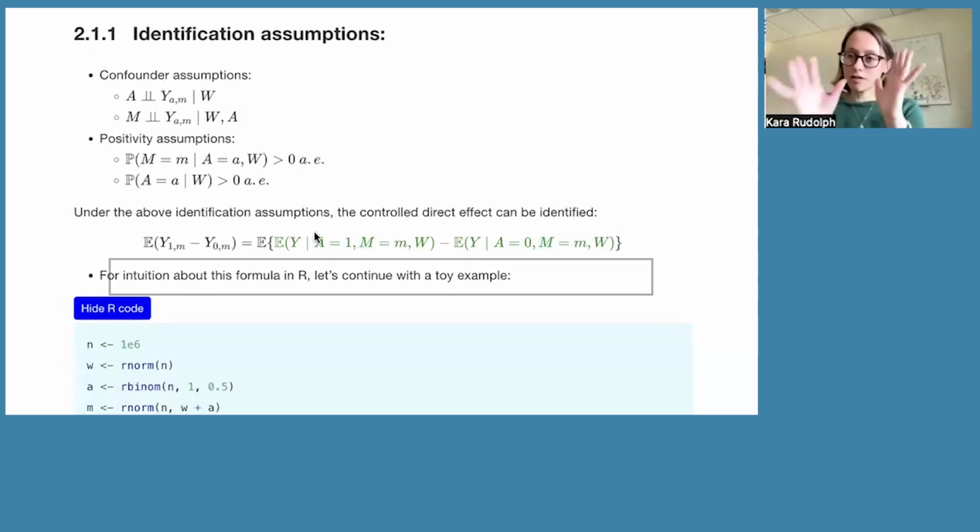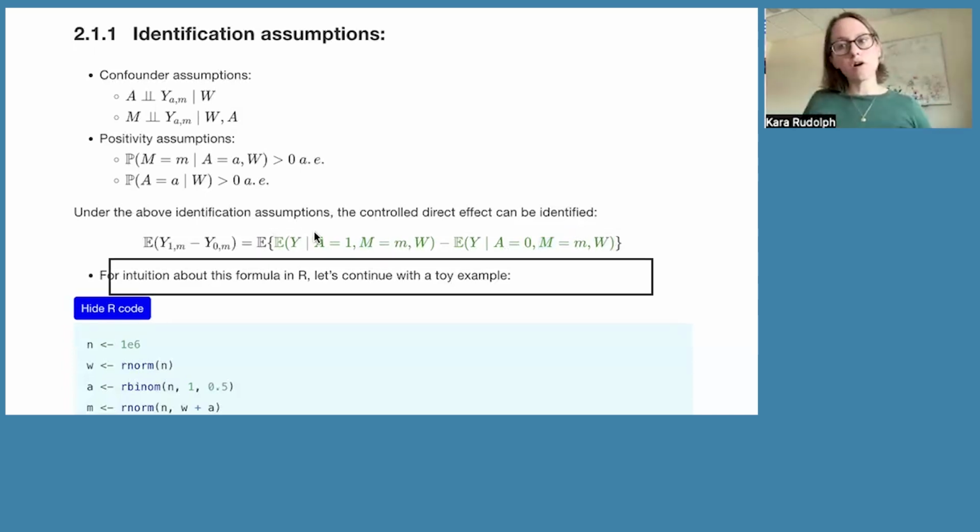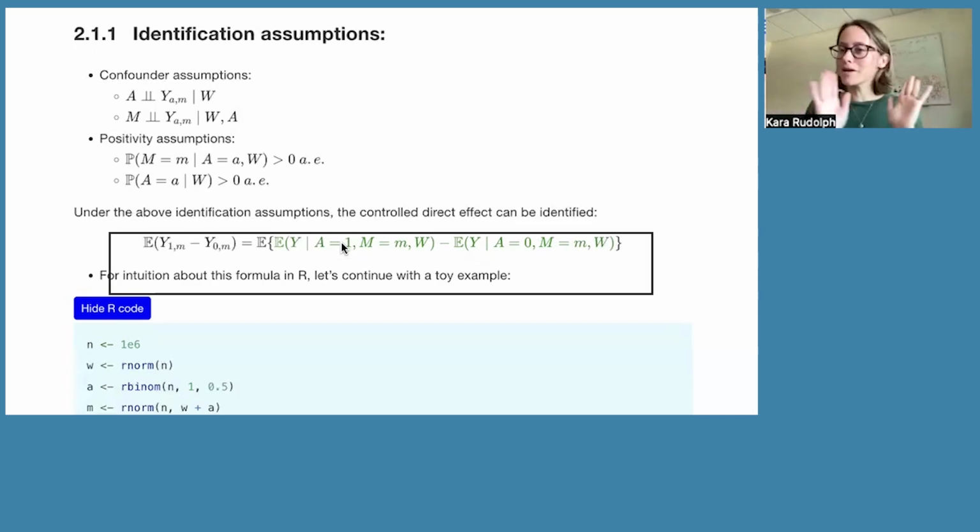And then this outer expectation is just taking the overall average. So we have these conditional inner expectations. When we take the overall average across them, it's like we're marginalizing across all of our baseline covariate values. If that didn't make a lot of sense, don't worry about it. We can just take the mean.